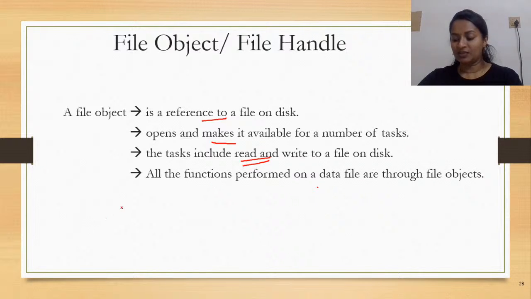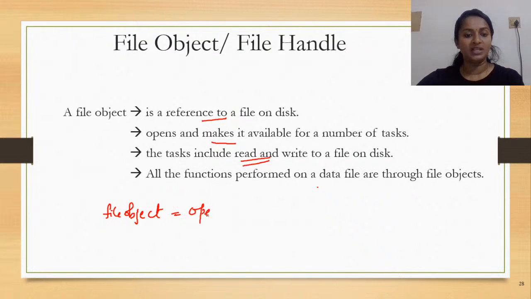Okay. So whenever you are trying to open a file, what do you write? You write the file object is equal to open, the file name followed by the mode. Right.